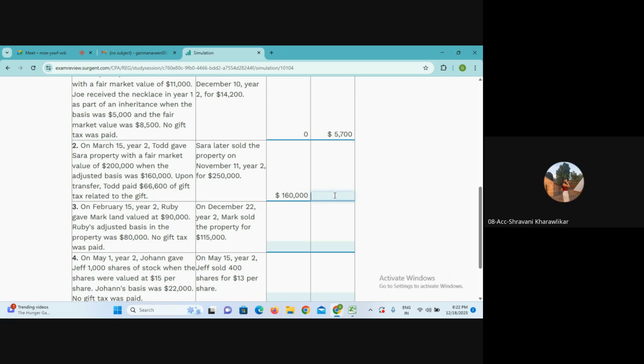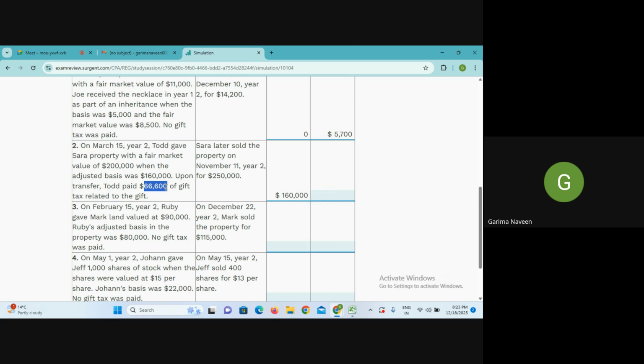Ma'am, for the proportionate basis, what would be the percentage? Okay, you have to take the net appreciation. Net appreciation is 200 minus 160, which is $40,000, out of your fair market value, so 40,000 divided by 2 lakhs, multiplied by these taxes.